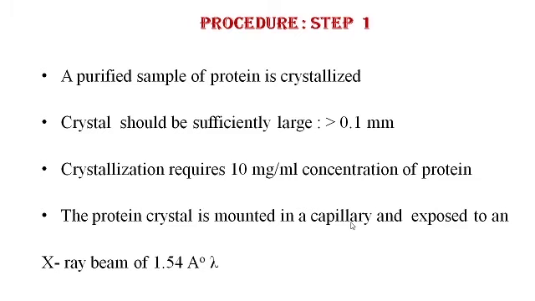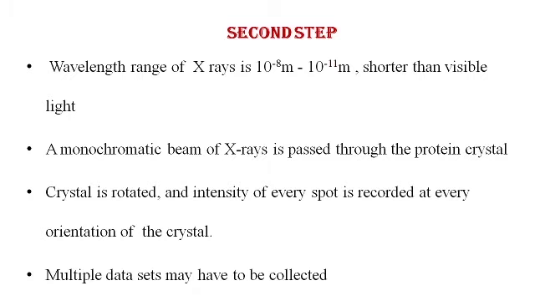For X-ray crystallography, we need a monochromatic beam of X-rays. That is, we need to use a filter which will allow to pass through it the beam of X-rays having a single wavelength, or the same wavelength.